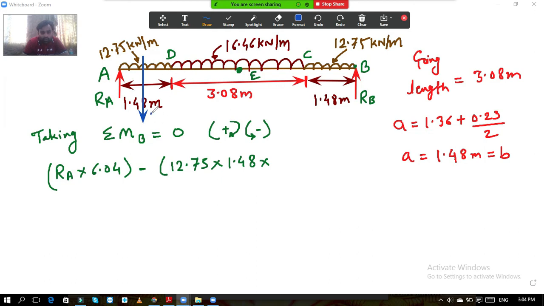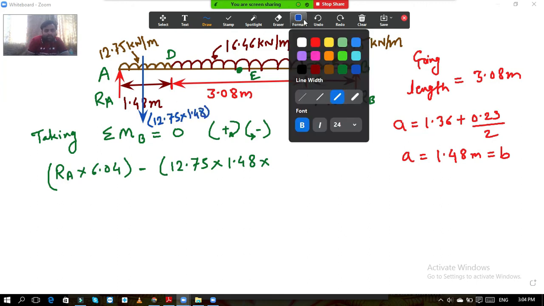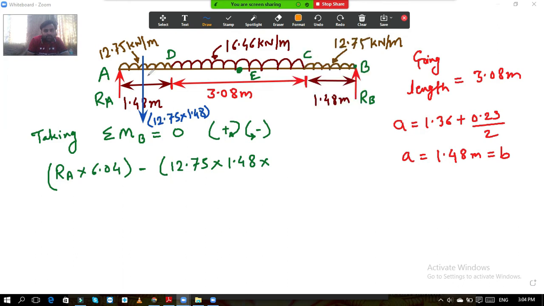So what is the magnitude of this force? It is 12.75 into 1.48. This is the magnitude. And what is the distance? Now if you see, this is the distance, so it will be 1.48 divided by 2.